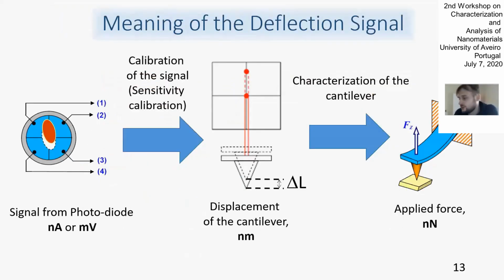And we talked about the deflection signal, and this signal is really nice. It allows us to construct very nice images, but we also want to know how much the cantilever was displaced under the interaction with the relief feature, or how much force we applied. For that reason we need to calibrate our system, and this is a really important point, because usually the signal from the photodiode is measured in nanoamperes or millivolts, depending on the microscope you have.